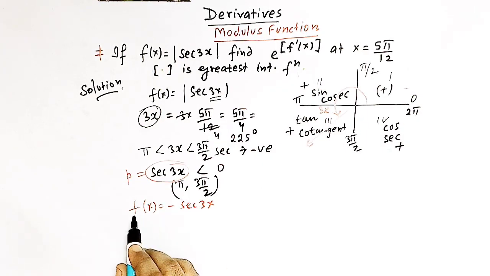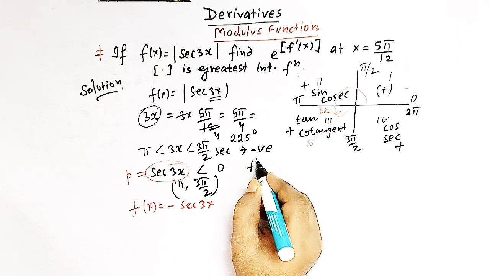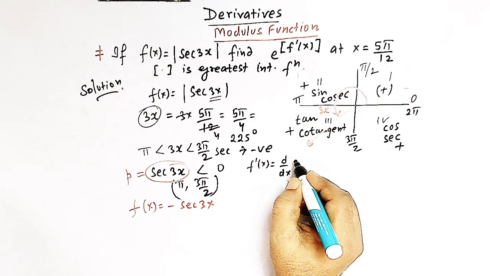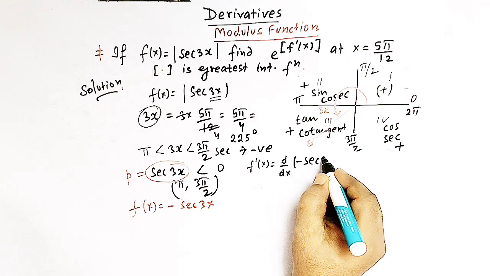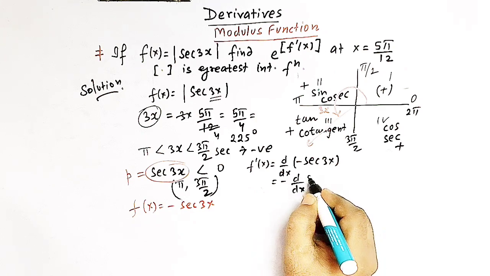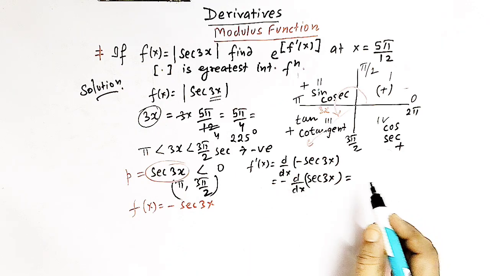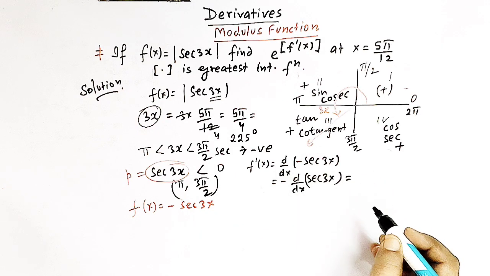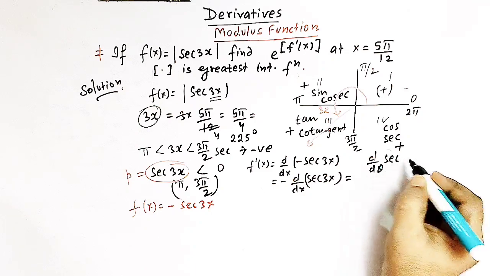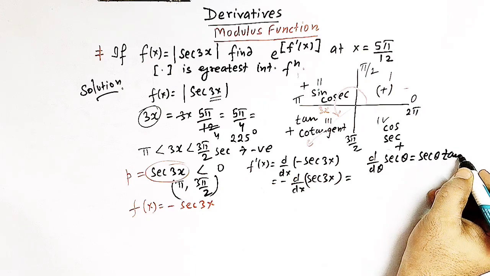So now let us differentiate f of x with respect to x. The derivative f prime of x is given by d by dx of negative of secant 3x, that is negative d by dx of secant 3x. Now from the standard results from derivatives, we know that the derivative of secant theta is given by secant theta tan theta.